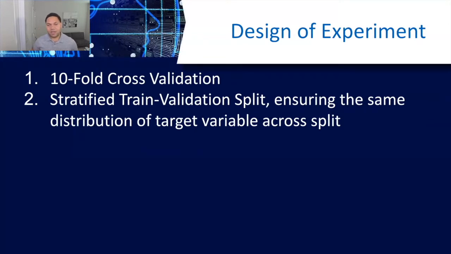Now, the design of the experiment is kind of broken down into two major fashions here. One, we're going to have a tenfold cross-validation training process, and what this actually entails is randomly sampling data based off of a stratified split, and then training a model on, say, one randomly sampled set of information, and then predicting on the data that wasn't seen by the model.